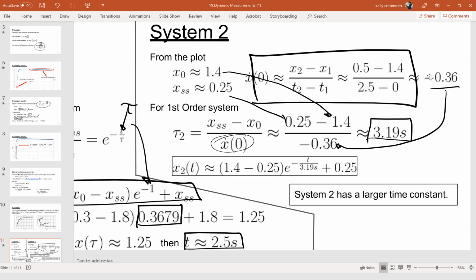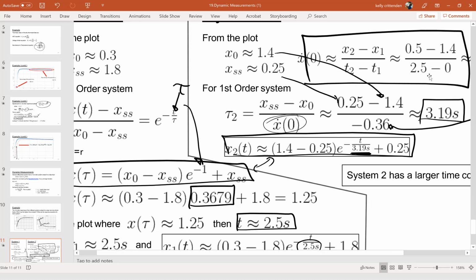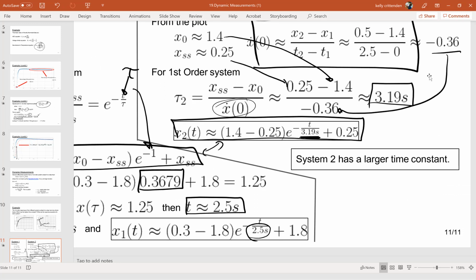And then here, going back to the same thing we did before, we take this same equation and plug in our steady state value, our initial value, and the time constant we just calculated. So system 1 had a time constant of about 2.5 seconds. System 2 had one about 3.19.